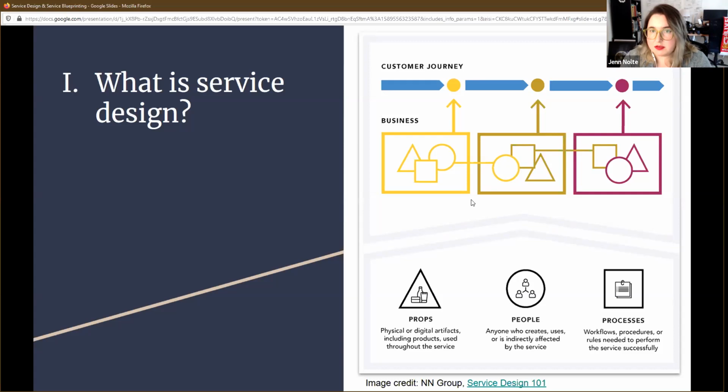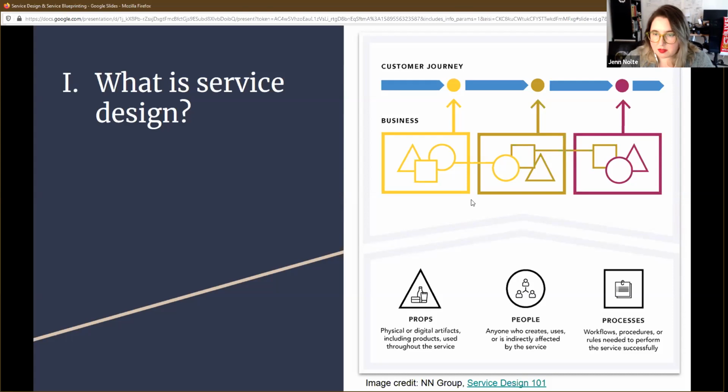So at the top you see the blue arrows representing the customer journey, and then little dots in between those arrows, and the Nielsen Norman Group has chosen to label that business, so that could mean business processes, people in the business, and whatnot.